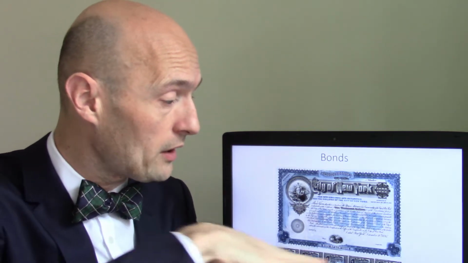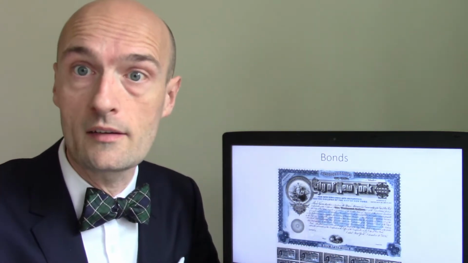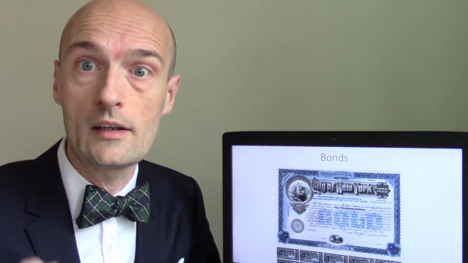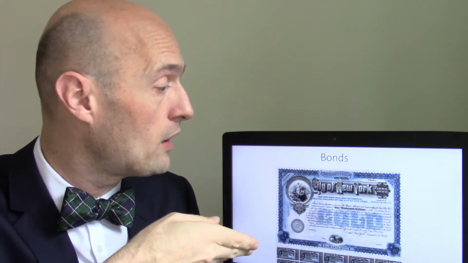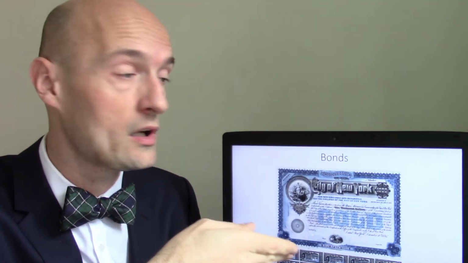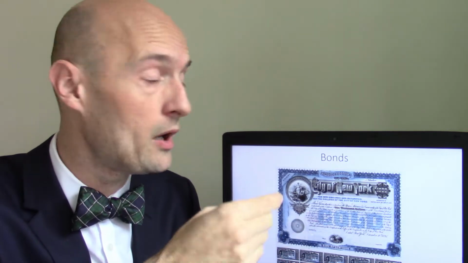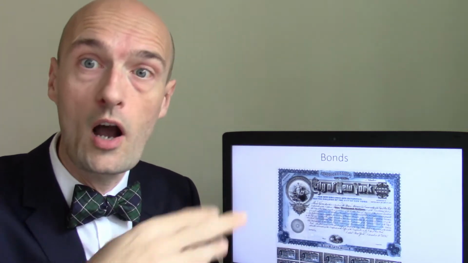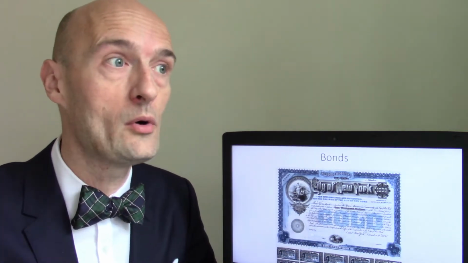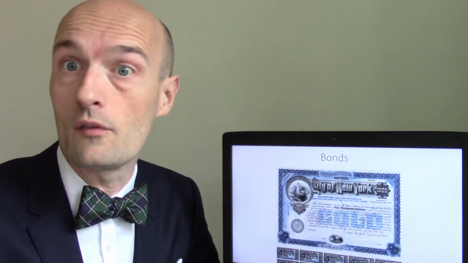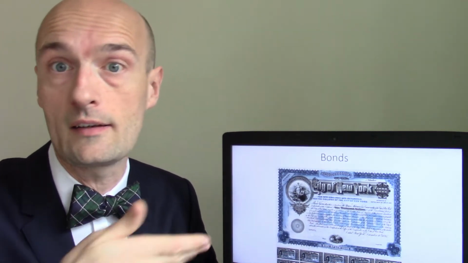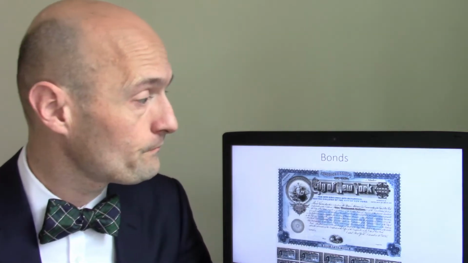You'd bring these in one by one as they mature, and you would receive that interest payment. And then finally when the bond comes due or expires, you would bring the top half in, and you would receive back both your principal and the final interest payment. So that is a bond.